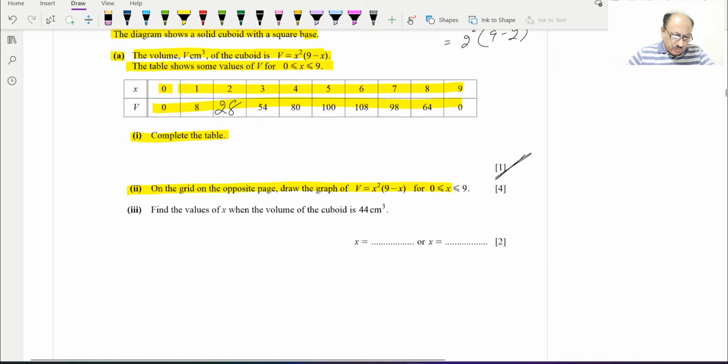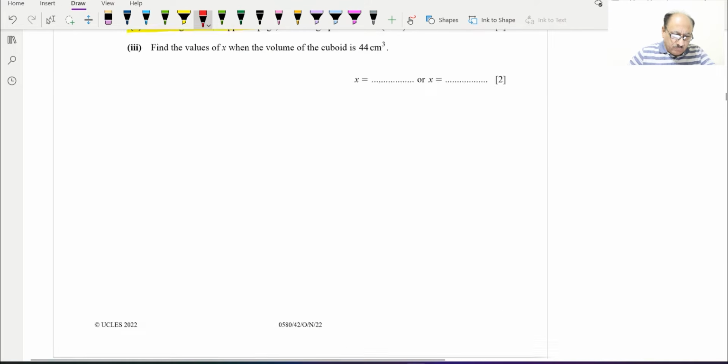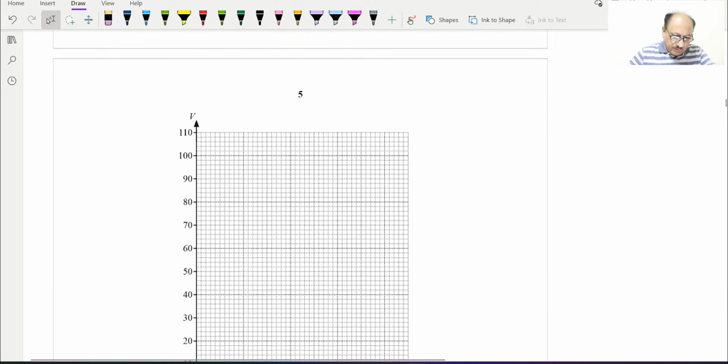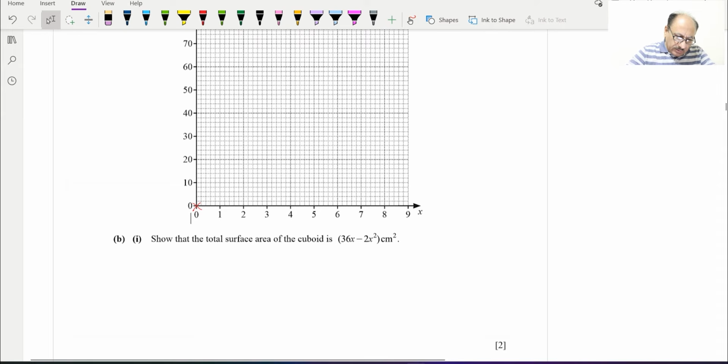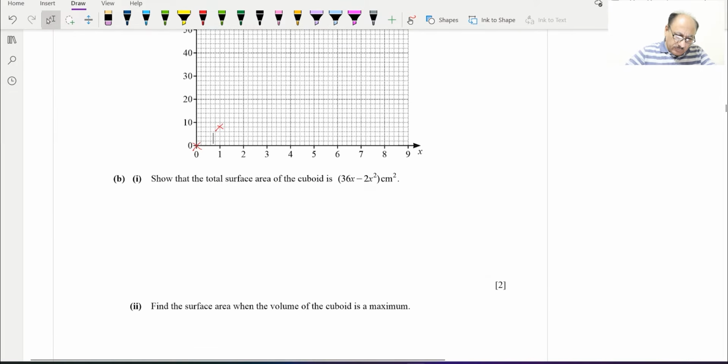The first point is 0, 0, so we will mark that point. Then the second point is 1 and 8, so we mark this. The next point is 2 and 28, which will be this point.